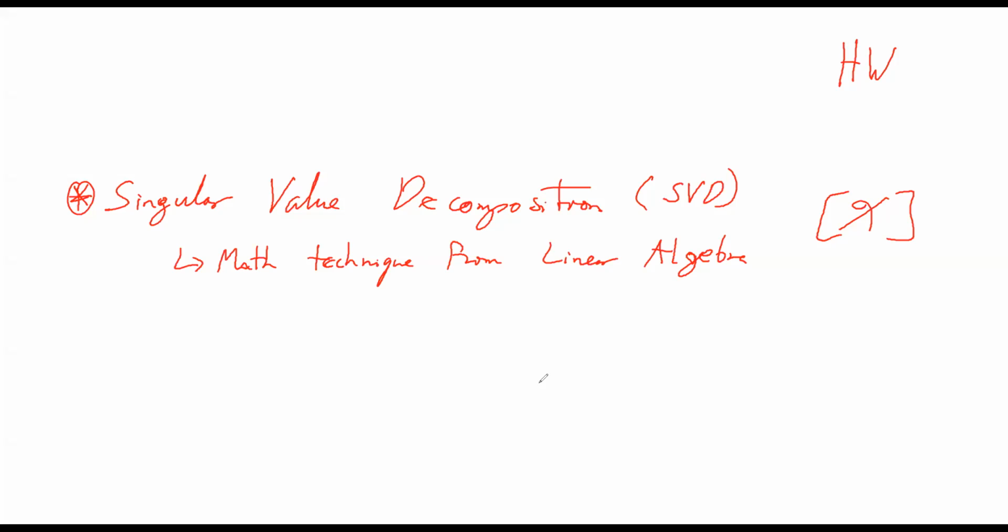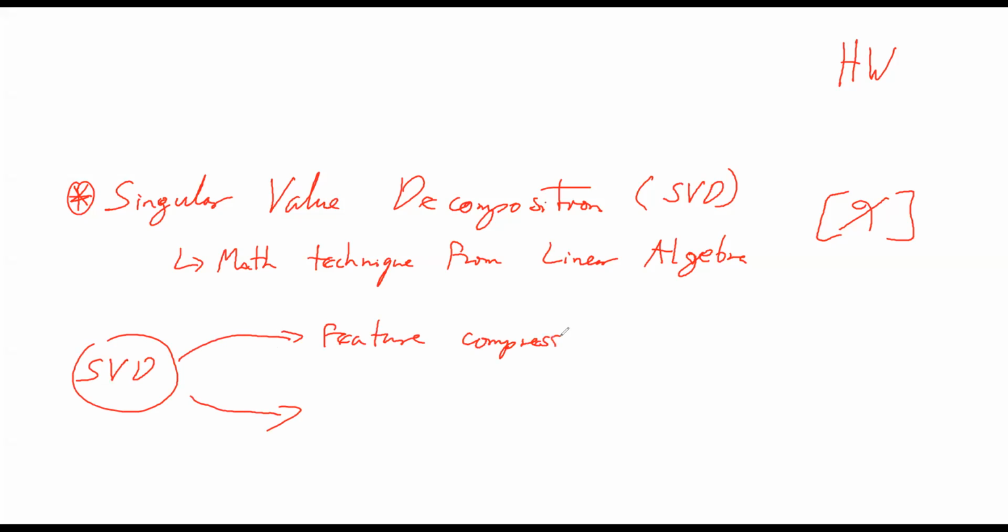All right, so as I said, we're going to be using this. We've already defined that it's a technique, and the technique will help us in two ways, right? It can help us with feature compression, which is also dimensionality reduction.